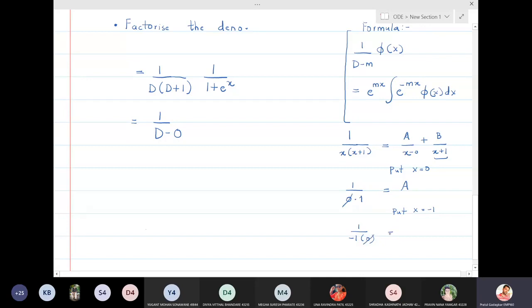I will not look at that, and for that you get the value of B. So the value of B is minus 1. So this is minus 1 and this is 1. So these are the partial fractions.